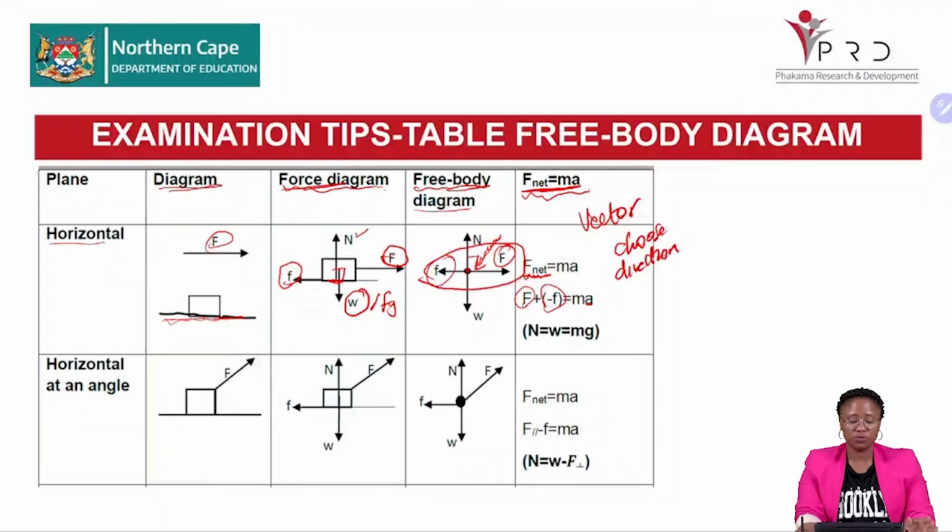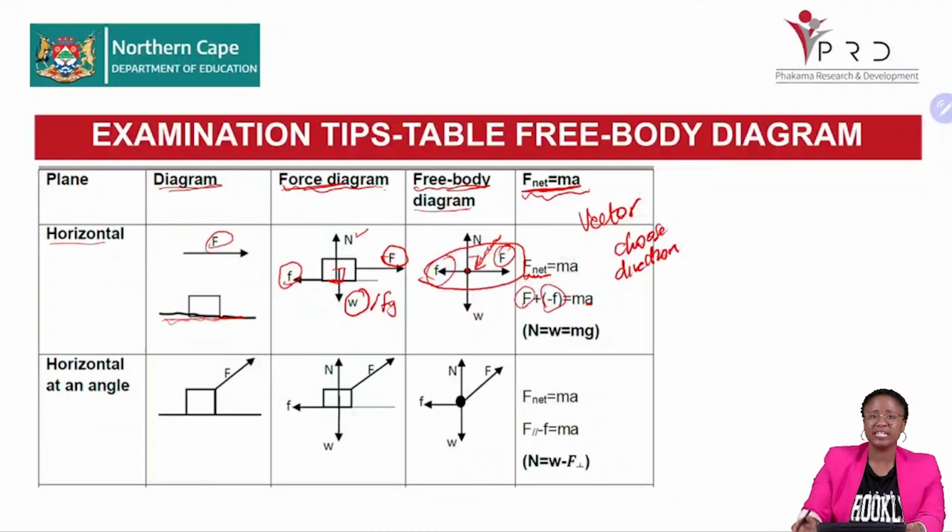I'm just going to use only one example, the horizontal, to explain in detail, and the rest I think you'll be able to do on your own. A vector is a physical quantity that has magnitude and direction, so you must always include direction.